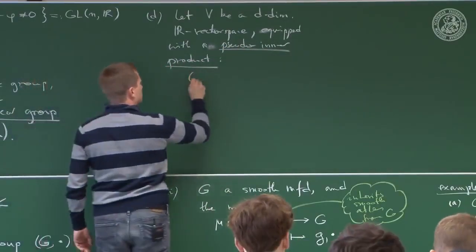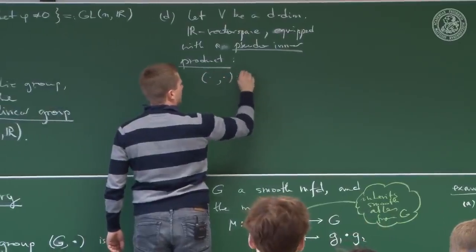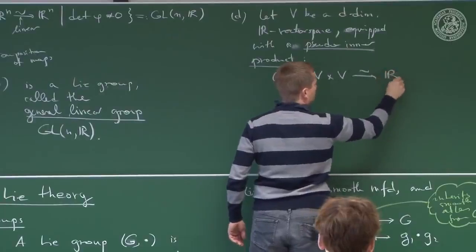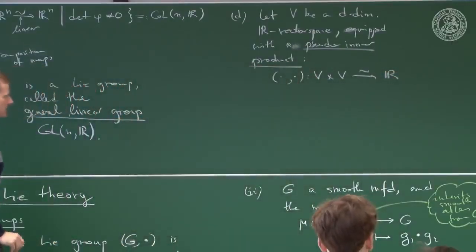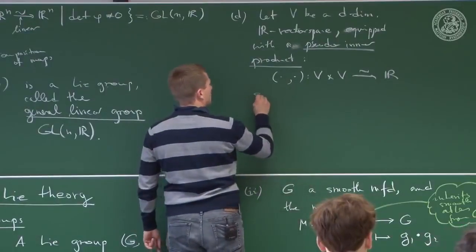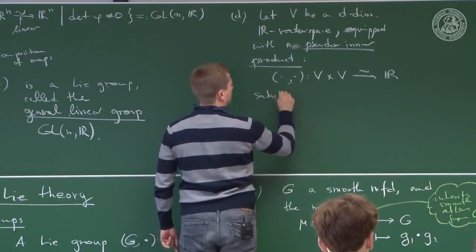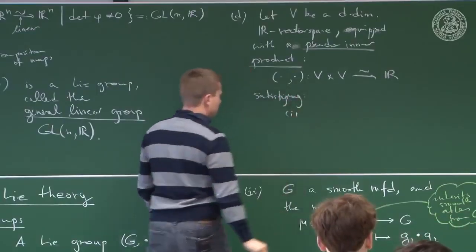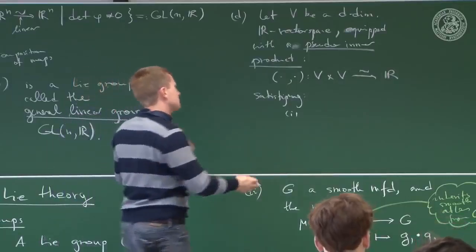Well, a pseudo-inner product is a bilinear map that takes you from two vectors to the real numbers, that satisfies, well, first of all, it's bilinear.